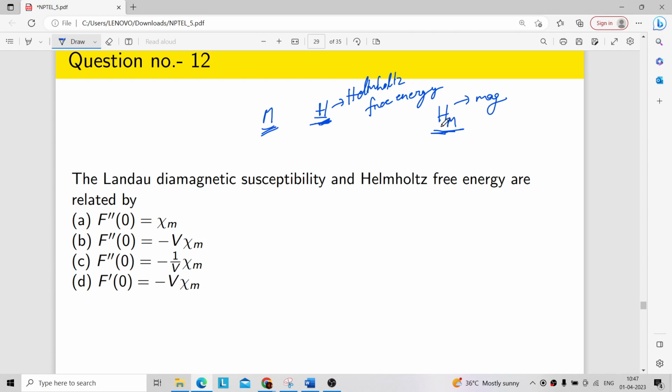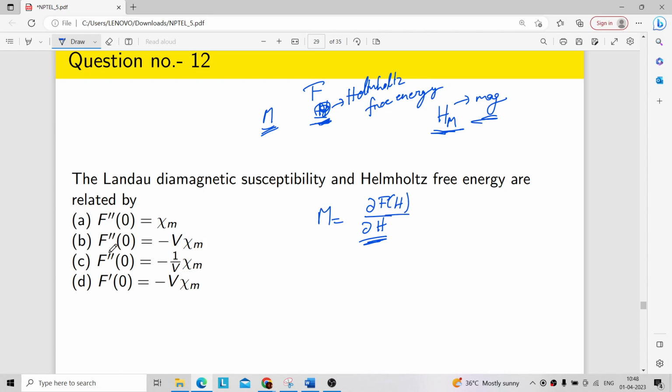We don't have to denote this Helmholtz as H, we can write it as F. F is Helmholtz free energy. So the magnetization in terms of Helmholtz free energy is del F over del H, where this H is the applied magnetic field, right? And this F is a function of this applied magnetic field.